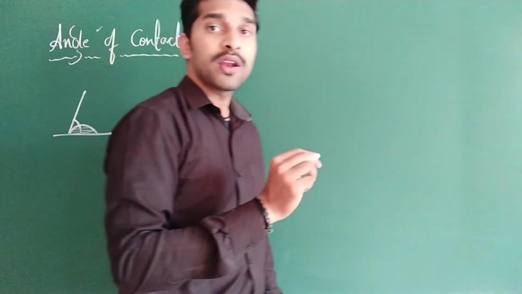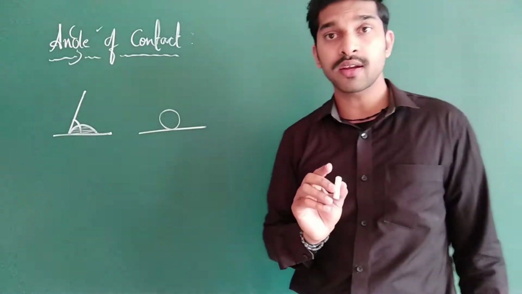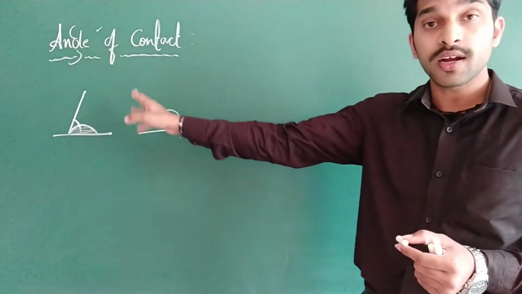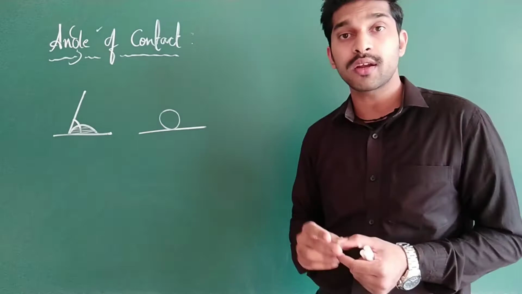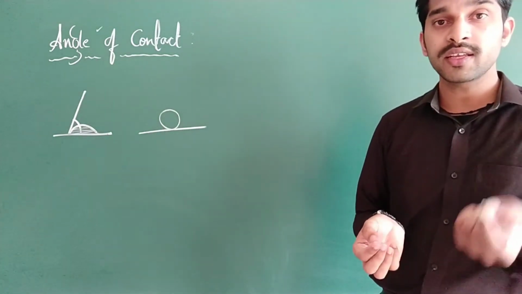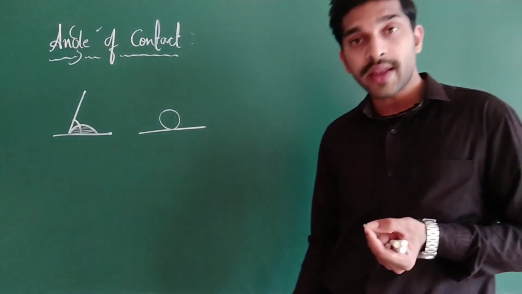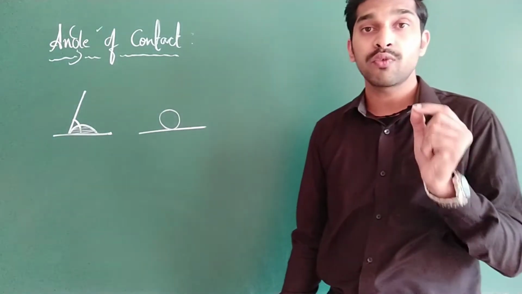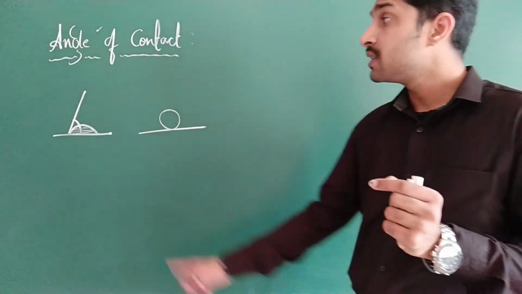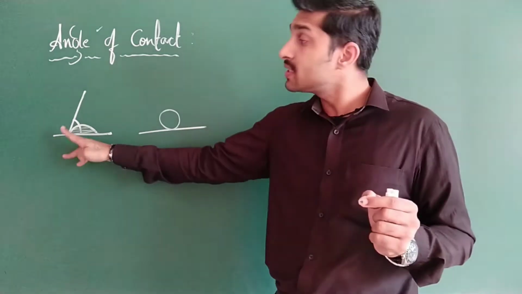So whenever we draw a tangent at a point of contact on the liquid surface, that means the liquid surface where it is in contact with the solid surface, there we draw a tangent, and the angle formed between the tangent and the solid surface which is inside the liquid.